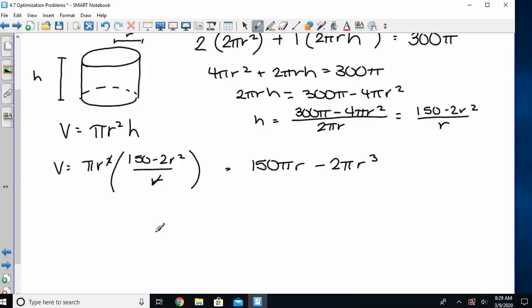What's the next step? Questions? We want to maximize, so we're going to do the derivative. Derivative of 150 pi r is just 150 pi. Derivative of 2 pi r cubed would be 6 pi r squared. Set our derivative equal to 0.